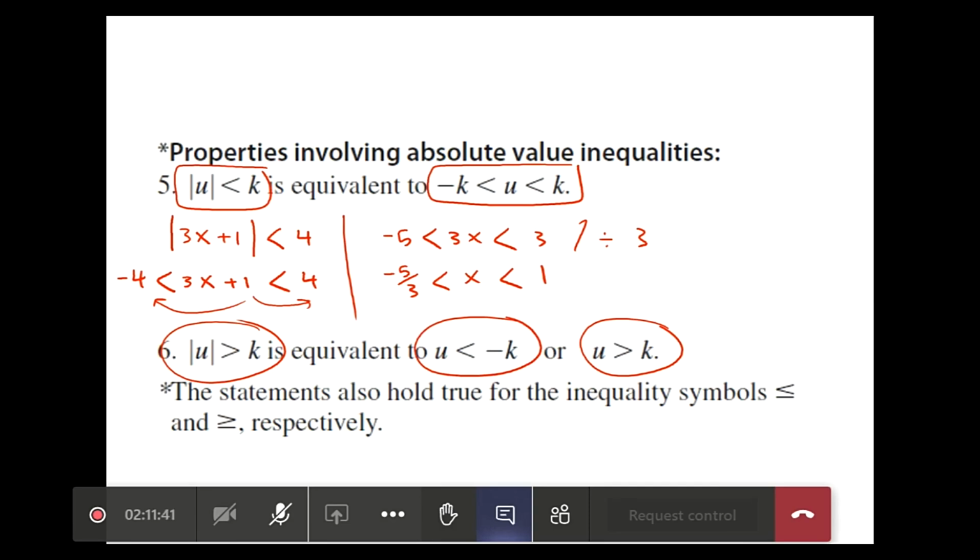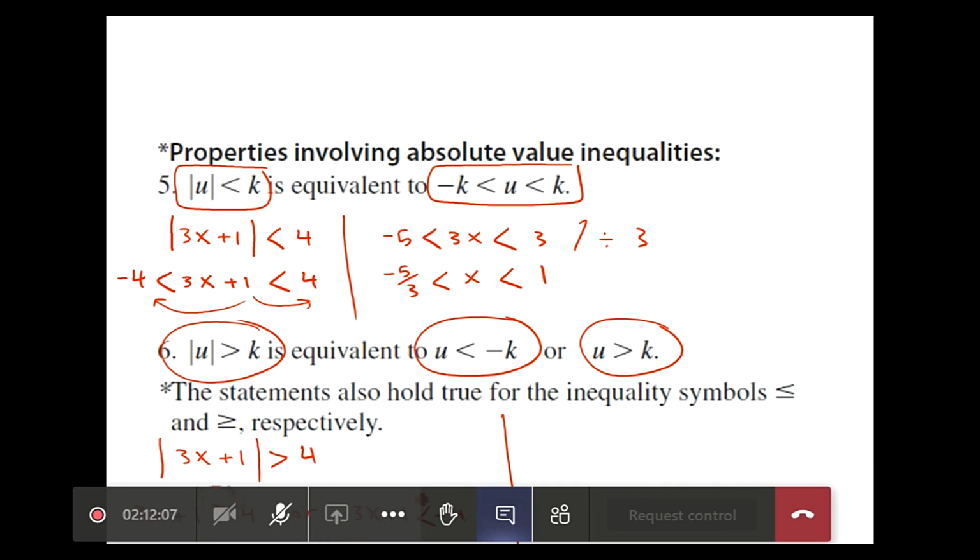The same example: absolute value of 3x plus 1 greater than 4 equals 3x plus 1 greater than 4, or 3x plus 1 less than negative 4. So we have two inequalities.